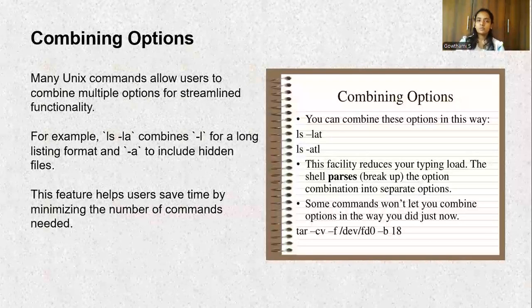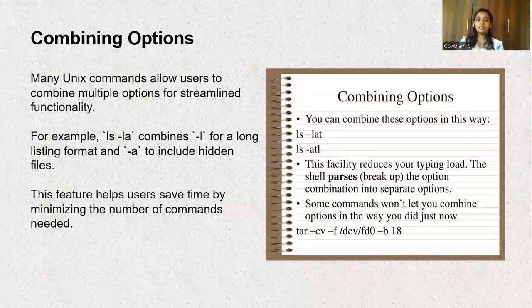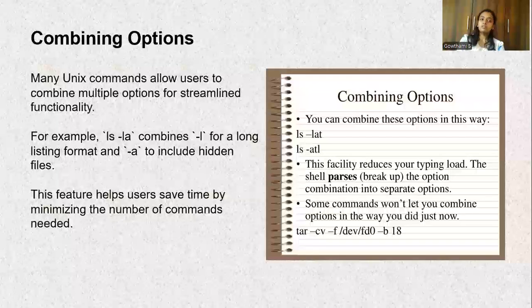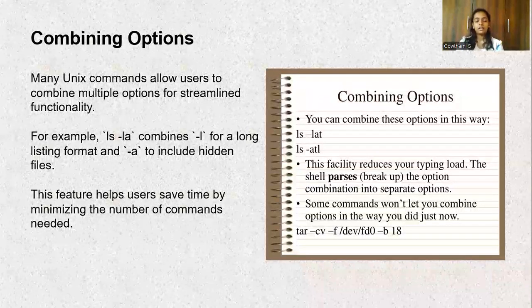So how does combining options work? As we know, A actually works for displaying the hidden files, whereas L works on listing the long list of files. So what if we combine both? When you want to perform a task which involves both options, and you would have to first input one command and then another to filter it out, instead we can use combining options, which help us combine the options of that command, so that it minimizes your filtering work and works very efficiently.